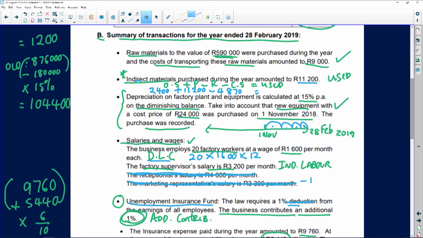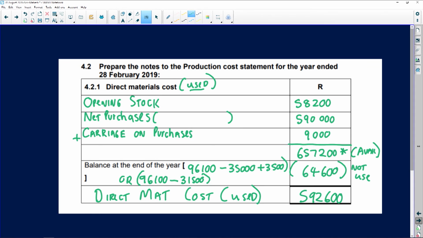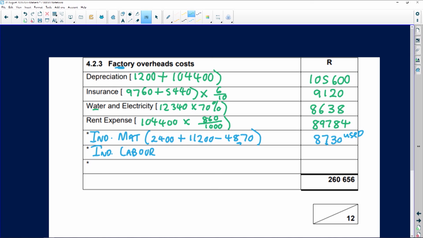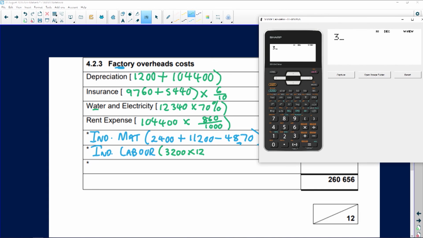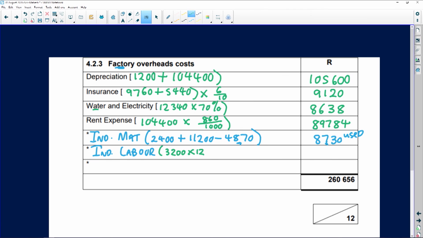So let's calculate his salary, 3,200 per month. All I'm doing is multiplying that by 12. 3,200 times 12, and I'm getting a total of 38,400.